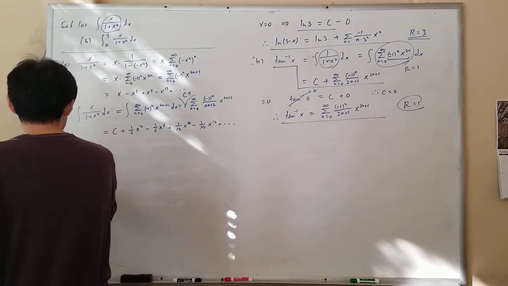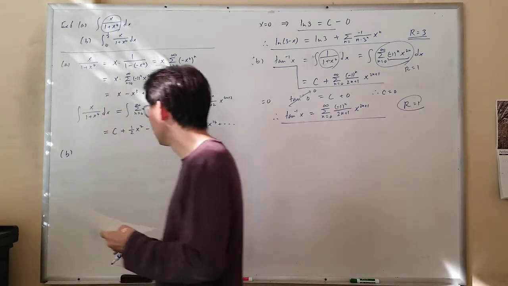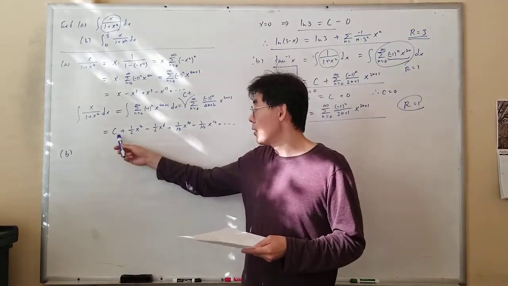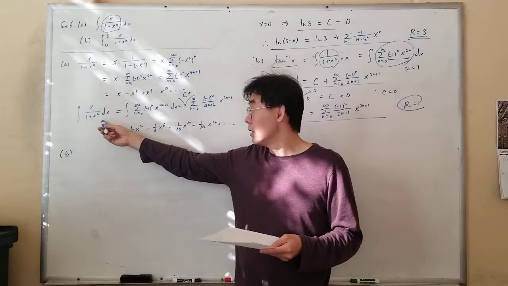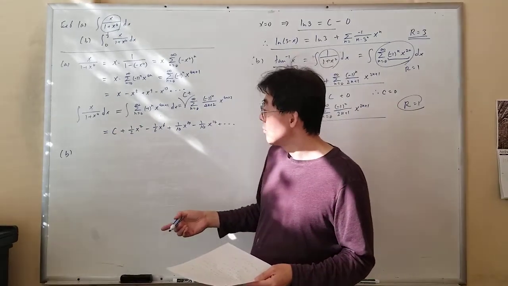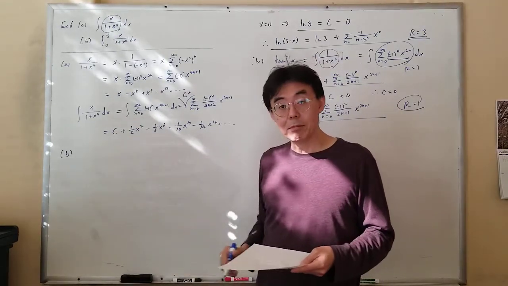That's the power series representation of the antiderivative. You have an arbitrary constant because this indefinite integral is a general antiderivative, so any constant would be fine.